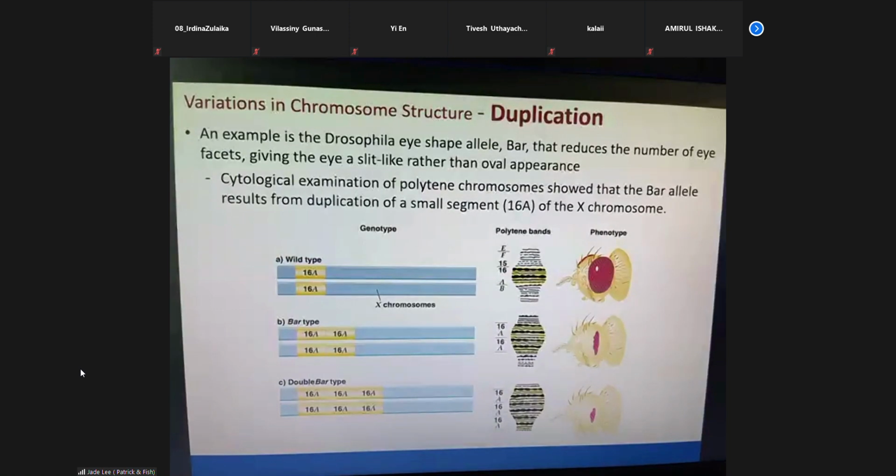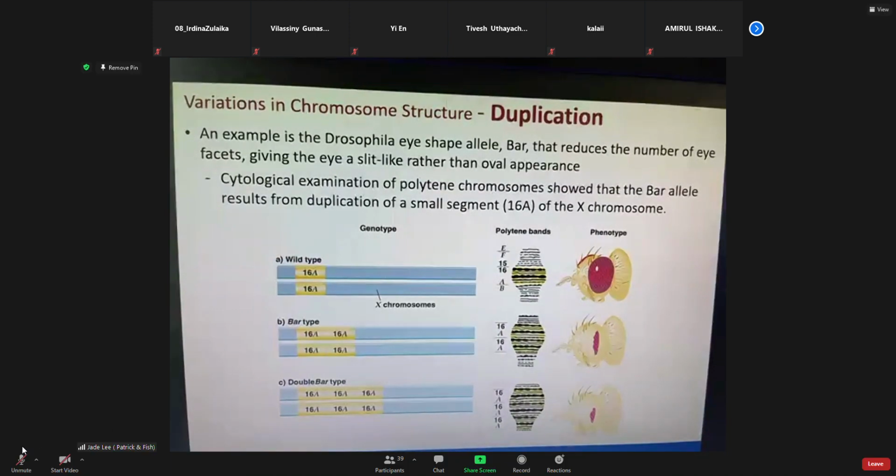Okay. This is the first X chromosome linked gene found in Drosophila melanogaster, okay, which affects the eyes.